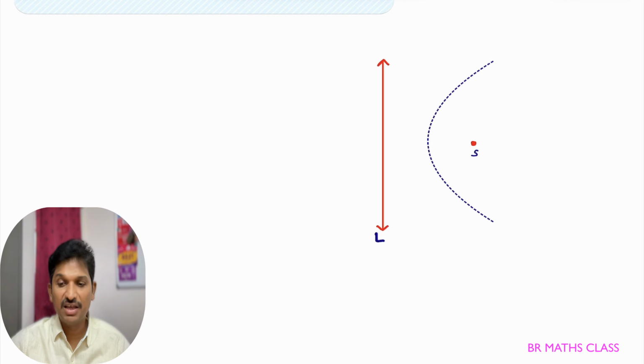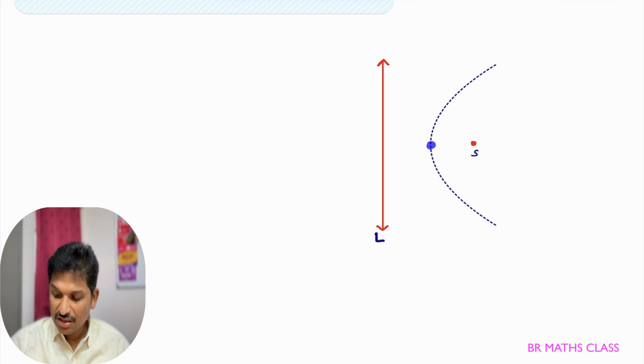I hope you are understanding. You see here, you take one point. That point is equidistant from the fixed point and the fixed line. If I take a point here, the distance from this point to the fixed point and the distance from this point to the fixed line must be the same. Similarly, you take one more point. The distance from this point to the fixed point and the distance from this point to the fixed line must be the same. You consider all such points in a plane.